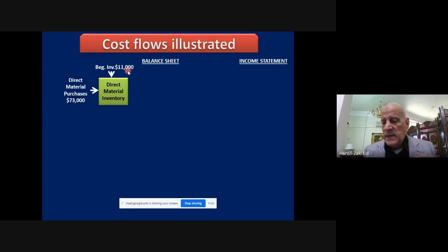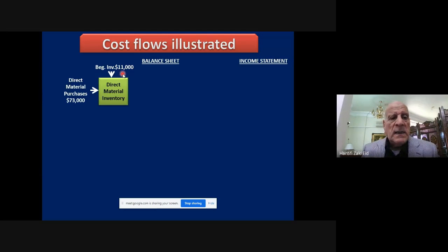So we have beginning inventory in addition to direct material purchases during the period. We have beginning inventory amounted to $11,000, and in addition to this, we purchased materials during the period with the amount of $73,000.